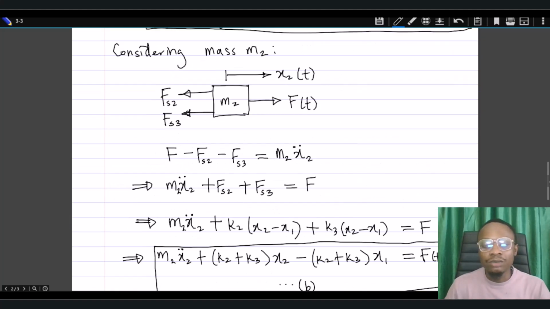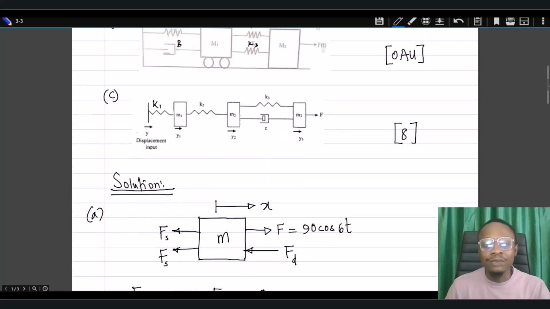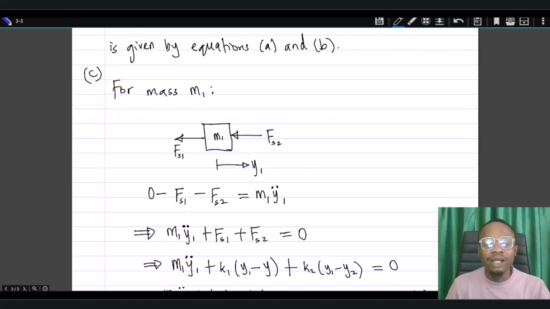So for confirmation for the mass m2, we can see y2 is to the right. There is a dashpot here, which we have put down as fd. Due to the spring 3, that's what we put as fs3. Then there's force due to the spring 2, fs2, all directed against its displacement.